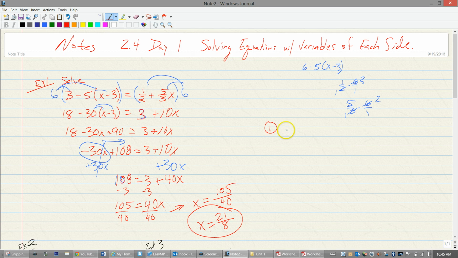Number one was we multiplied by LCD to remove fractions.